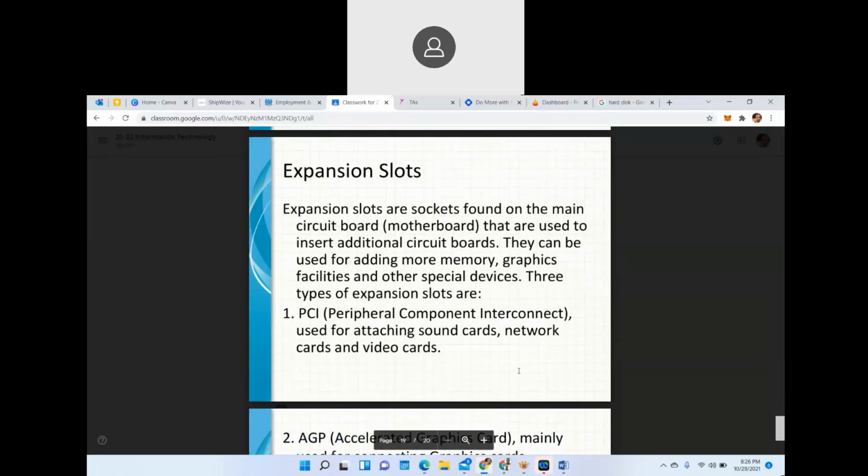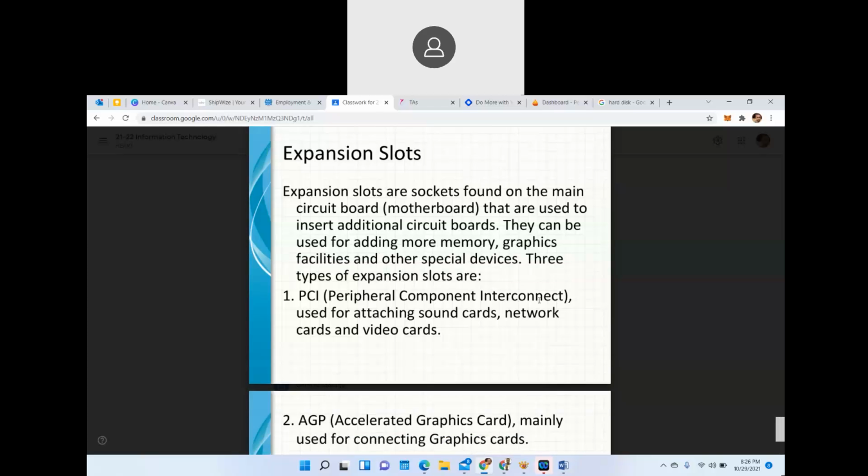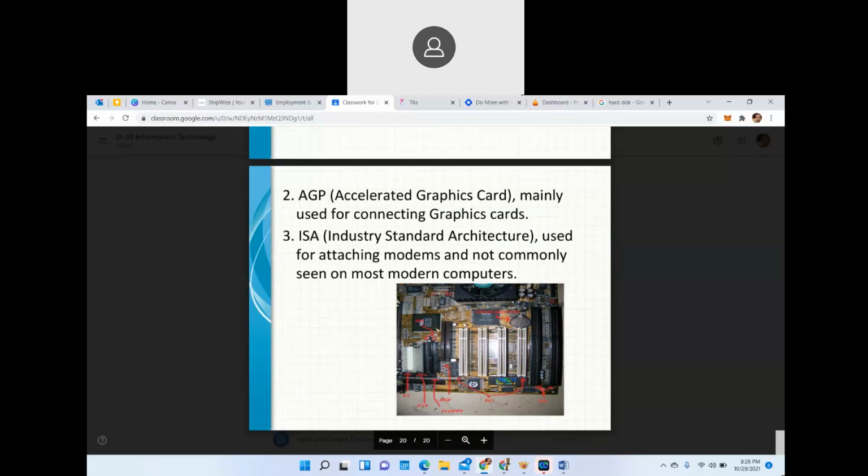So we have expansion slots. Now with your expansion slots, let me show you. If you're seeing my screen, you will see some little empty spaces right here. So this is a motherboard, by the way.